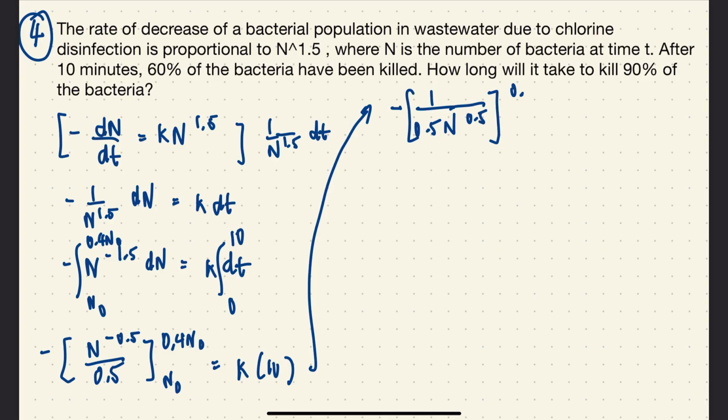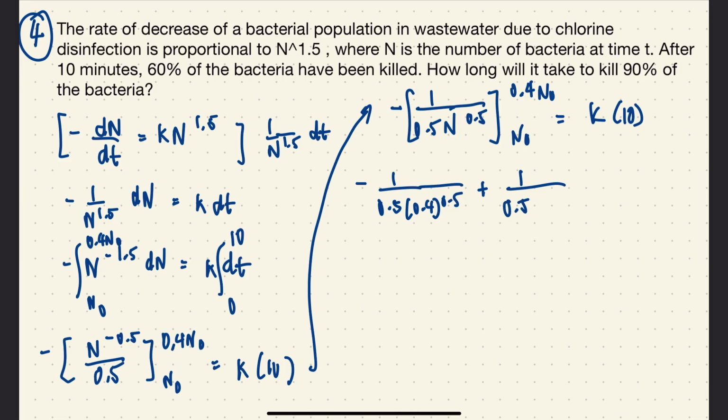Then, evaluating this from N sub o to 0.4 N sub o, we will get negative 1 over 0.5 times 0.4 raised to 0.5, minus negative 1 over 0.5 times 0.5 N sub o, or just N sub o.